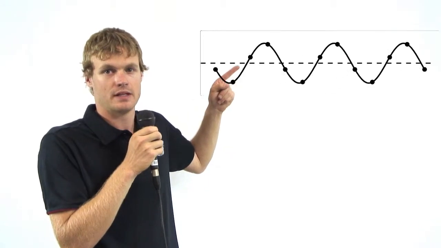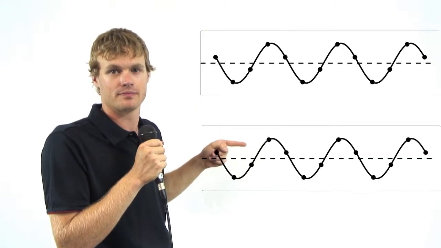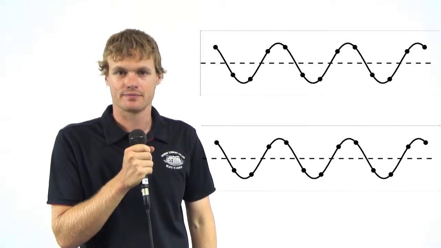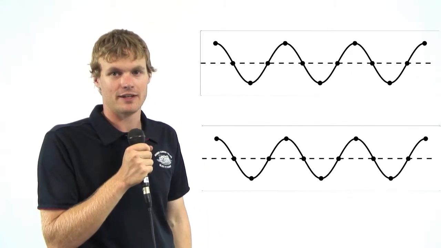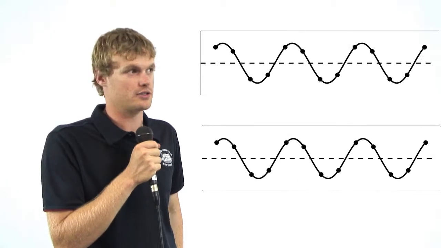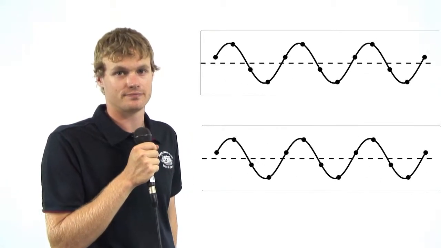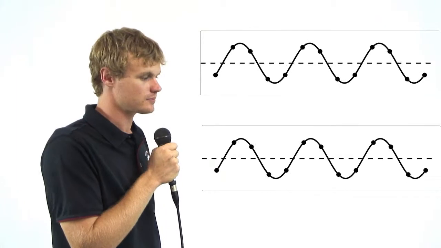So, if I have a wave here, and I have a wave here, these two waves are going to be in phase. So these two waves are also going to be coherent. Just makes life easier for us.